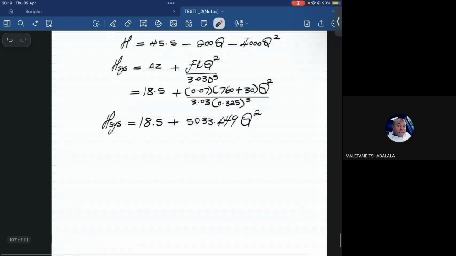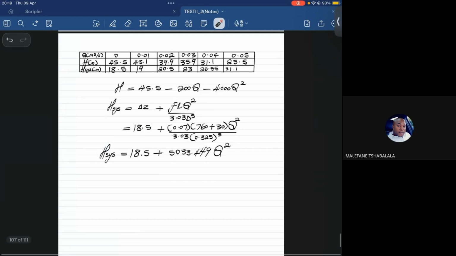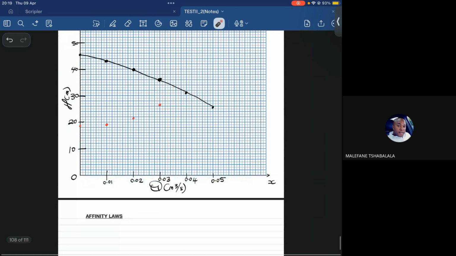Then the next x and y coordinates will be 0.05 and 31.1. Let's round this off to 31. 0.05 and 31. A participant asks: for 0.03, is it 26 or 23?